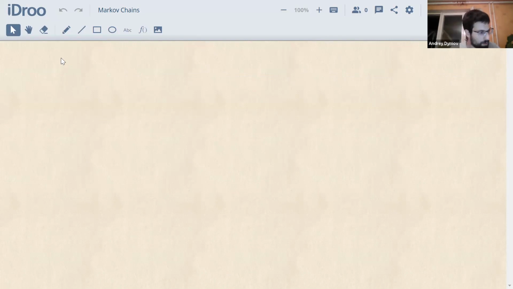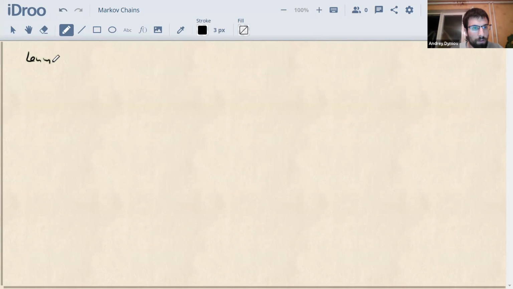So let me write down the lemma again. This is lemma number 6. If I have a Markov chain xi0, xi1, xi2, etc., then Pn is the distribution of this Markov chain.